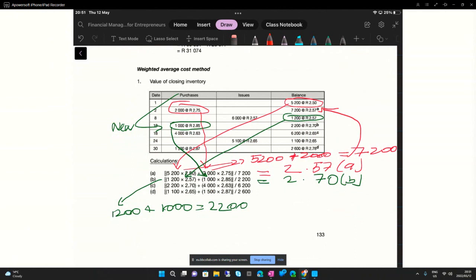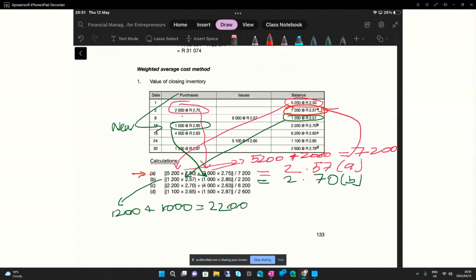Remember that 5,000 at 2.5, plus that 2,000 at 2.75. Now we need to find the weighted average, and the weighted average is A. This one, A, shows you how you get the weighted average.